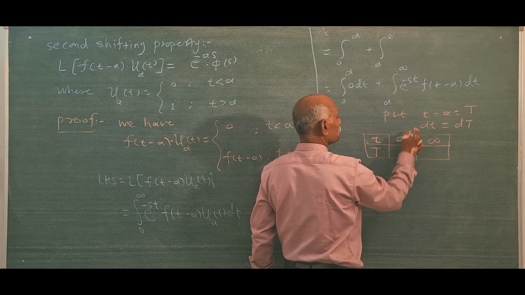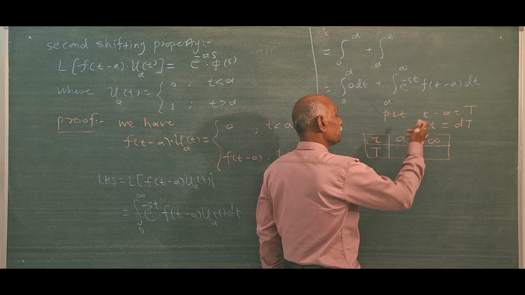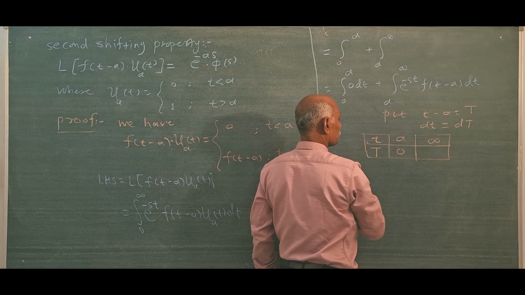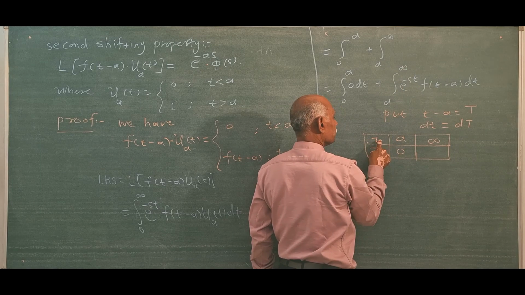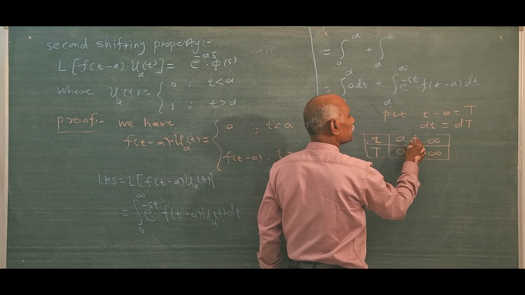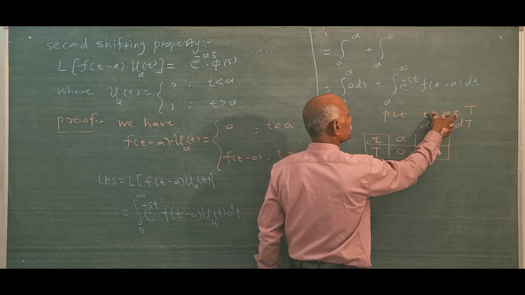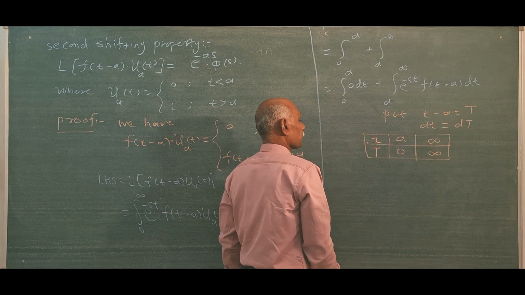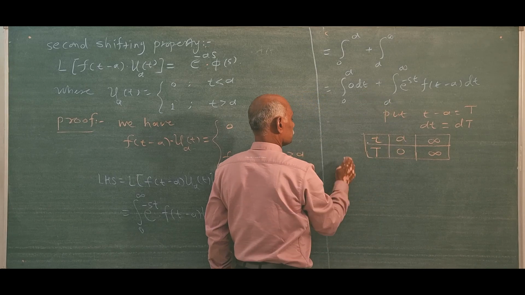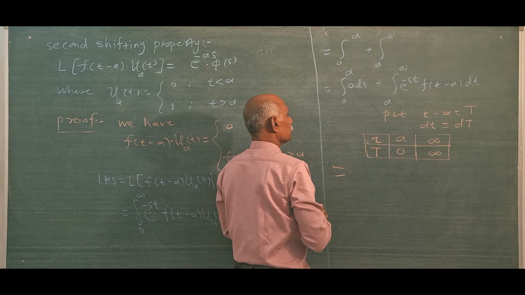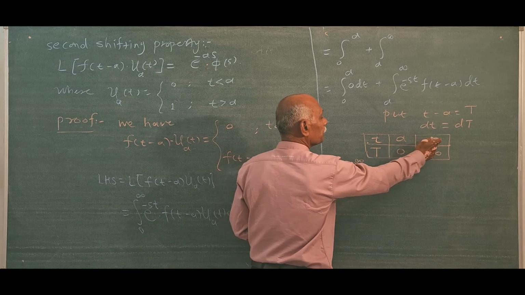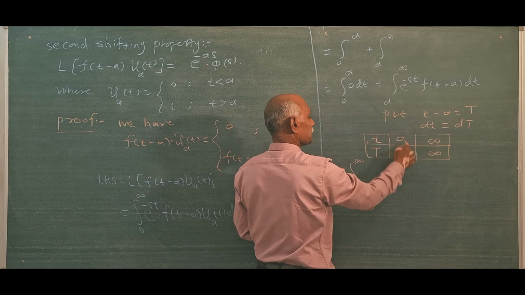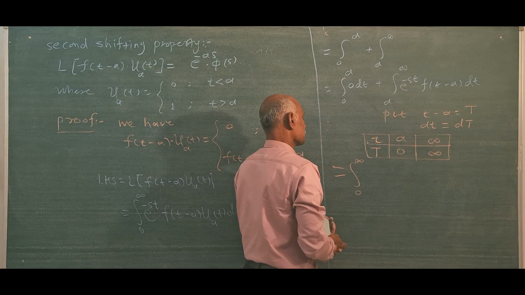If you put small t equal to a, a minus a will be 0, and second, the upper limit is infinity, because infinity minus a is infinity. Now we are ready for this integral, which is equal to the integration from 0 to infinity. We don't write a to infinity because these are old limits, and now we apply new limits.